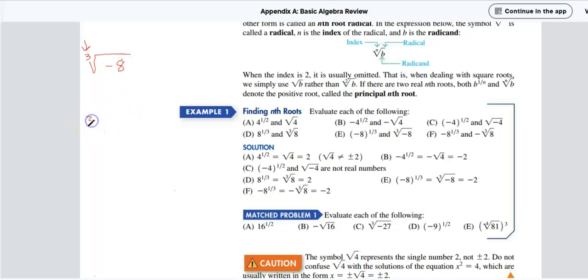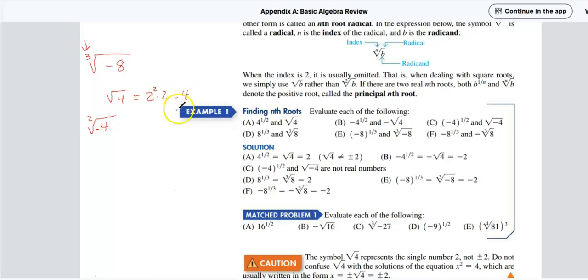For example, let's look at square roots real quick. What is the square root of 4, and why is that? Because 2 times 2 equals 4. And so the square root is the opposite of 2 squared.